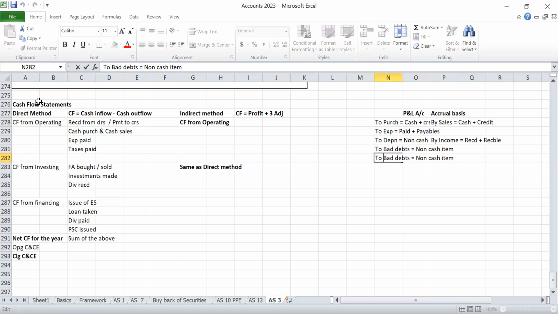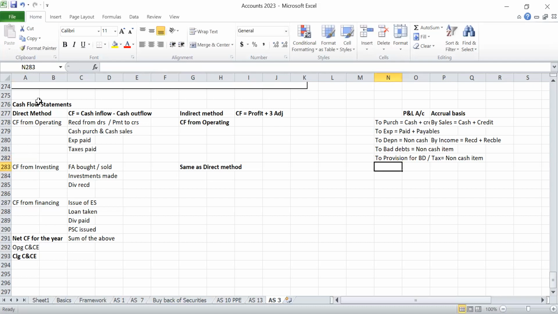Like that, to provision, I am going to provide some amount, provision for bad debts or provision for taxes, whatever. Provision is nothing but an unknown amount of liability you are going to provide. That is, you are going to make a reserve. Actual payment will be made later.